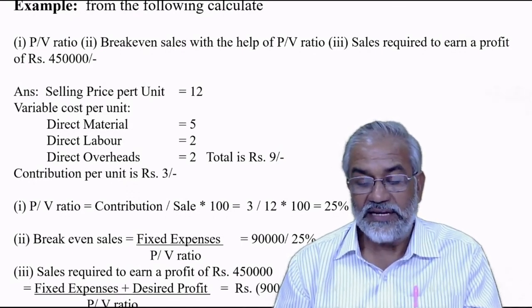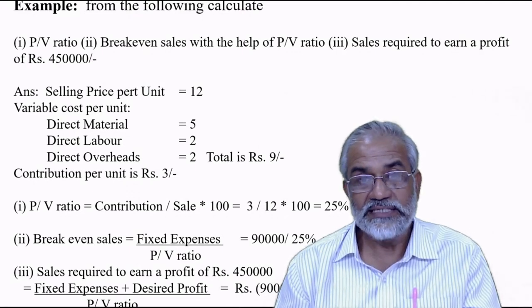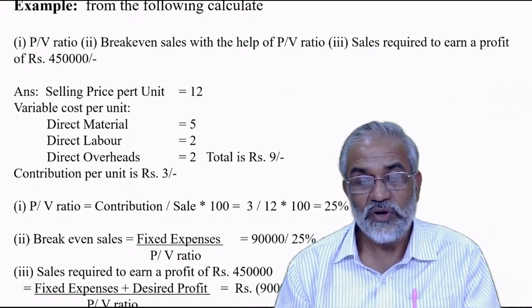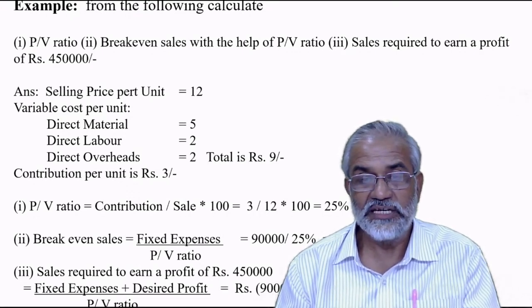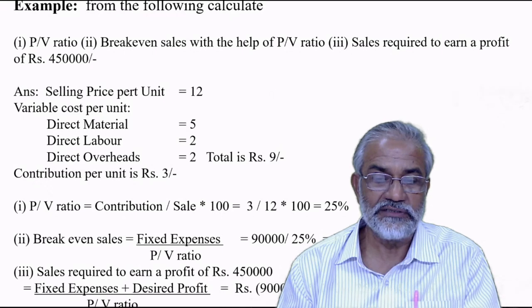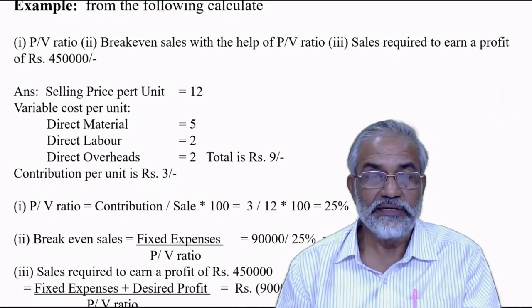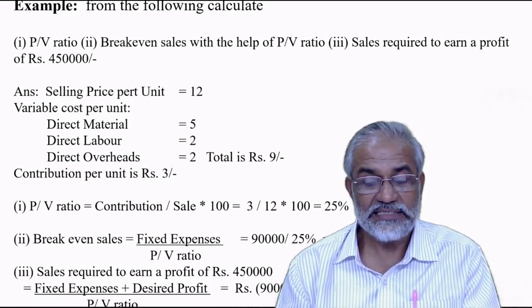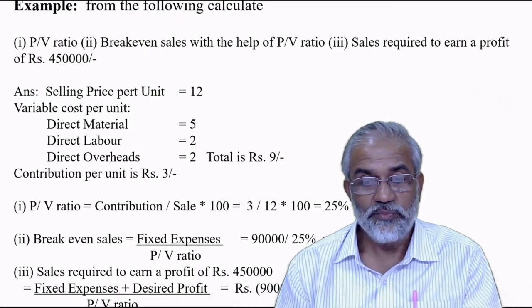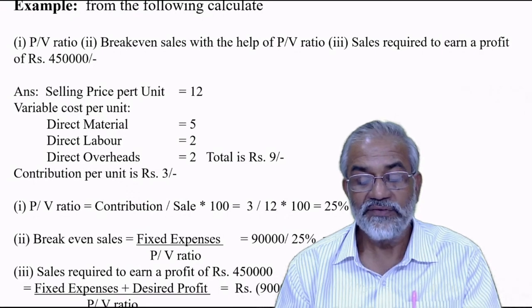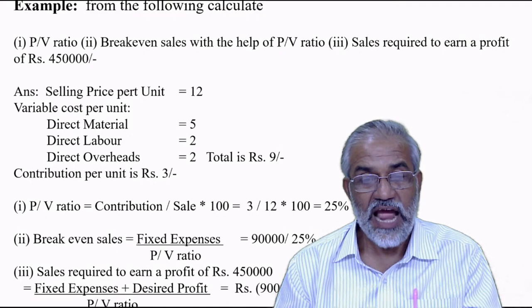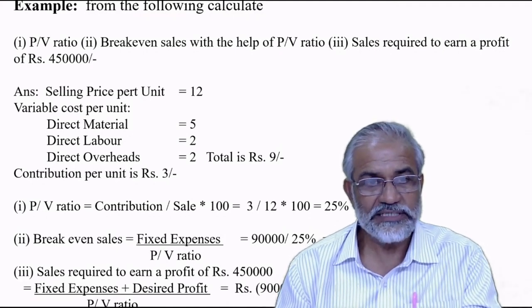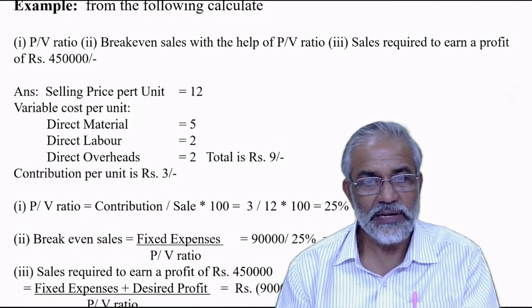When that 17,10,000 is added with the desired amount of profit, that is 4,50,000, then 4,50,000 plus 17,10,000 comes to 21,60,000. And if we determine this 21,60,000, that would be the exact selling price of 1,80,000 units at rupees 12. 12 is the selling price as given in the example.